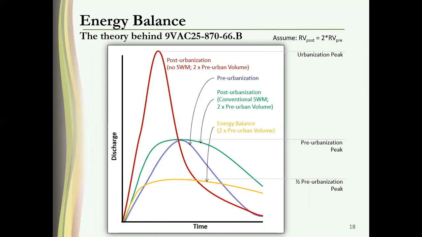So if you look at the bluish purple line, hey, hydrology 101, this is your time discharge graph. And so the line itself is showing you the amount of discharge. That's going to be your peak flows. And anything that's underneath the graph is your total volume. Okay, with that in mind, your blue-purple line here is what we would call the pre-urbanization hydrograph.